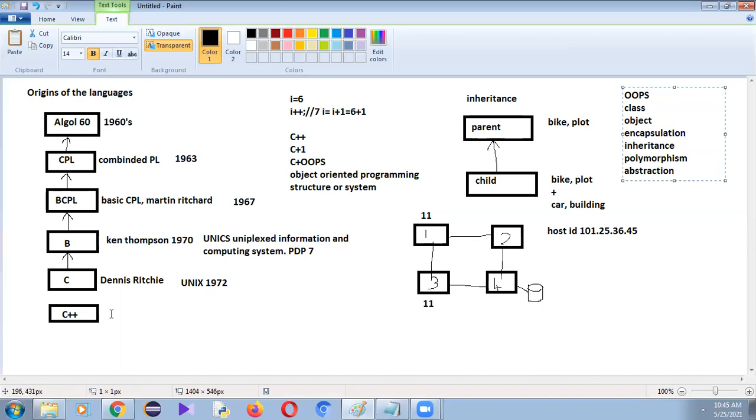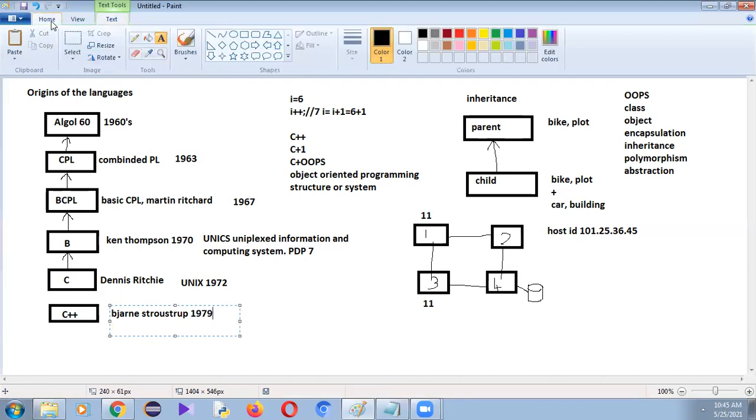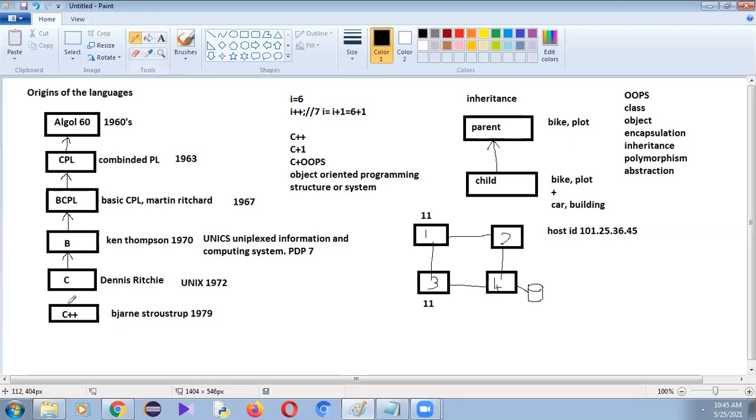This C++ was invented by Bjarne Stroustrup in the year 1979. So again, this C++ is inherited from the C programming language.